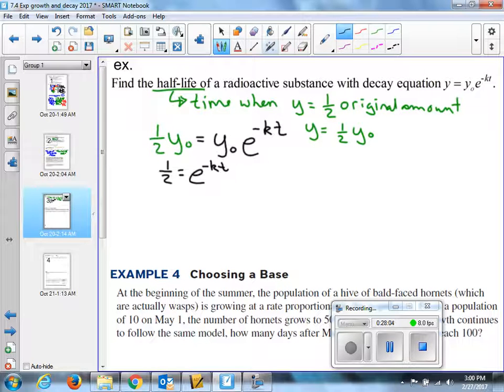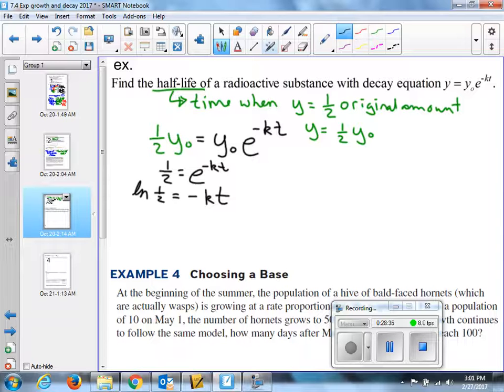Now how do I solve for time in this case? The natural log. So the natural log of a half is equal to negative kt. I'm skipping the e to the natural log of e to the, because we know that they're inverse functions of each other.